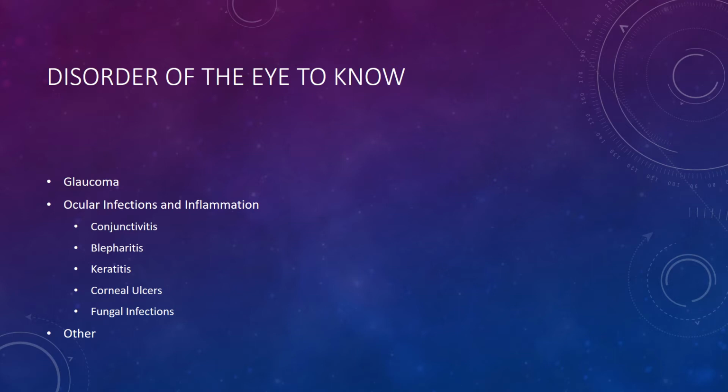Now, some other terminology or words to know is miosis. Miosis is pupil constriction. Mydriasis is pupil dilation. Refraction is a deflection of light rays in various directions according to the density of the ocular structure through which they pass.